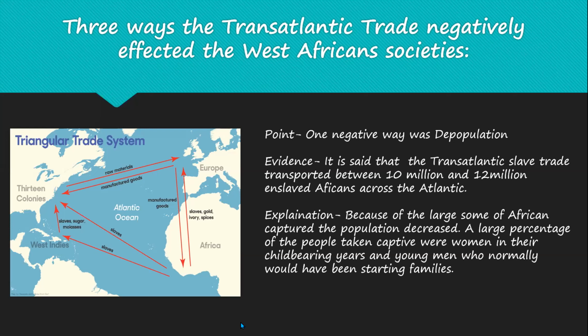Because of the large number of Africans captured, the population decreased. A large percentage of the people taken captive were women in their childbearing years and young men who normally would have been starting families. Good so far? Where's the link?